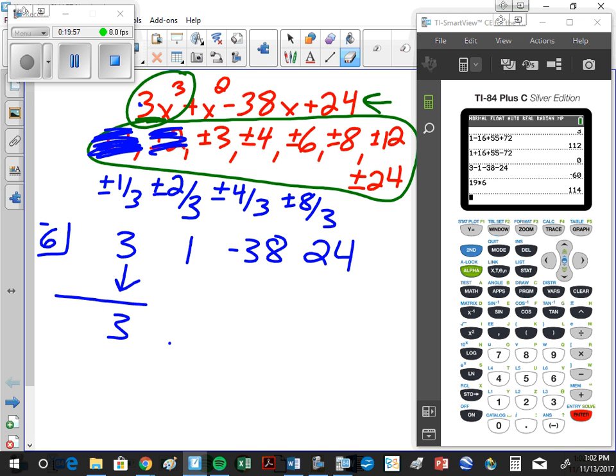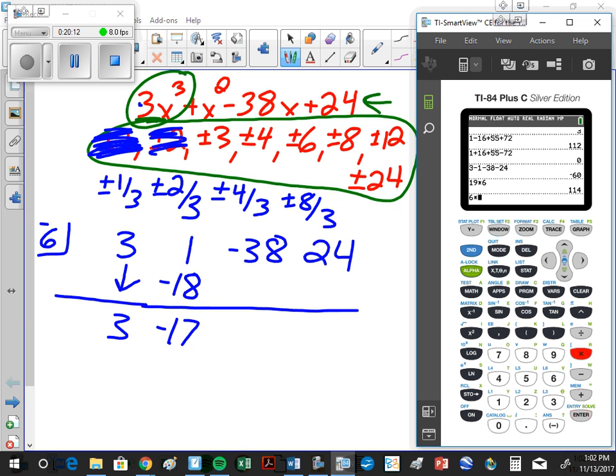Okay, let's try negative 6. We could, but I don't really want to. I'll show you what you do with fractions in a minute. So negative 18, which is negative 17. 6 times 17 is going to be 102. Is that going to work? Nope. So neither of the 6's worked.